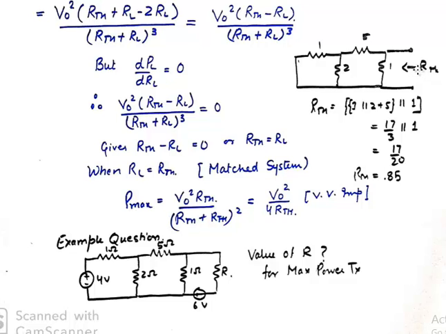So we open the load and see the resistance from here, which is 1 parallel 2 in series with 5 and then parallel 1. So we get 0.85 as our RTH. Now if we keep our load resistance equivalent to 0.85 ohms, we are sure to get maximum power delivered to this load.